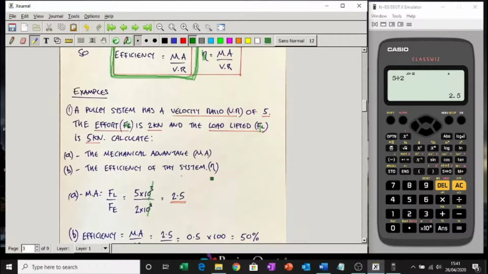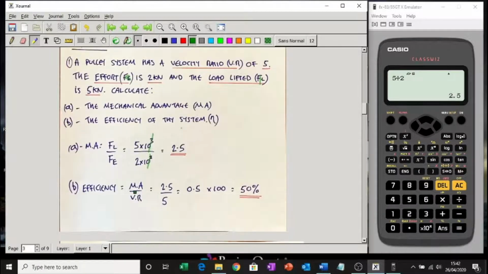And then we're going to look at the efficiency of the system. So efficiency we know is mechanical advantage over velocity ratio. We know MA, it's 2.5, and we know VR is 5. So we can do 2.5 divided by 5.